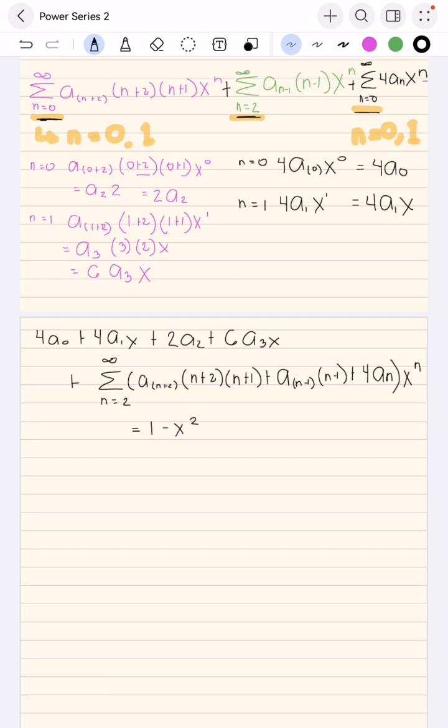So let's compare this one to the left hand side. For this one, we have a constant here. We also have a constant here. So we have 4a0 plus 2a2 is equals to 1.